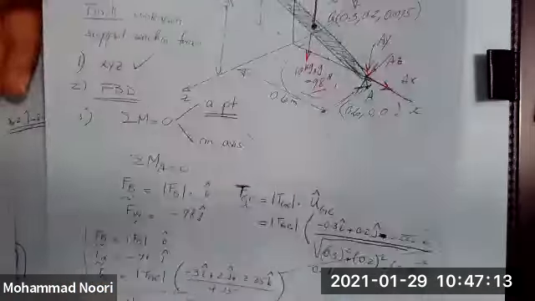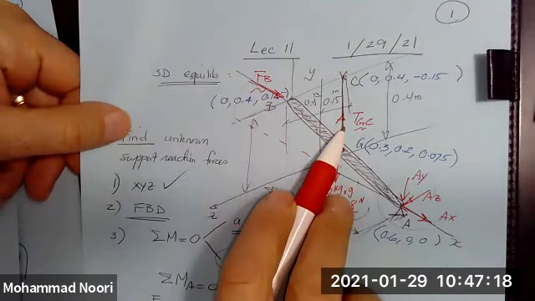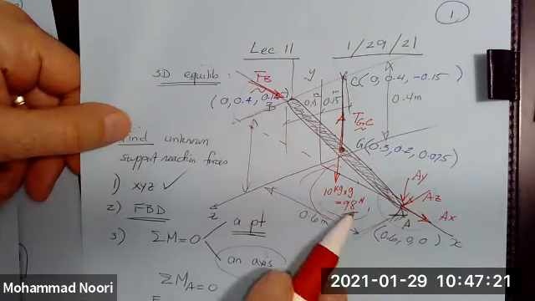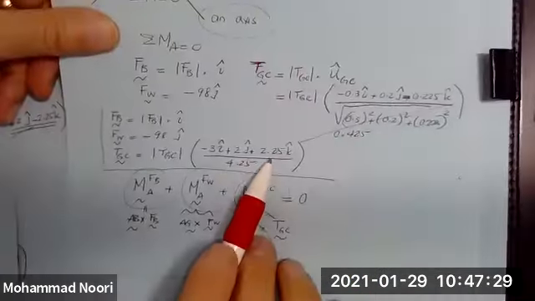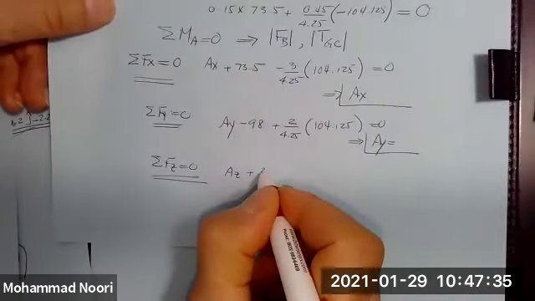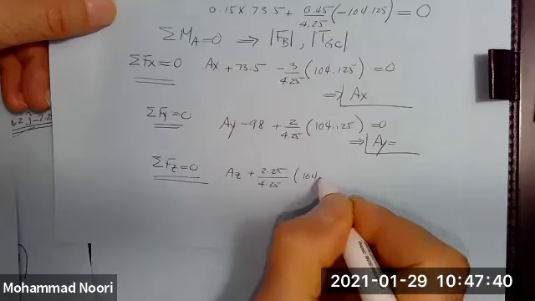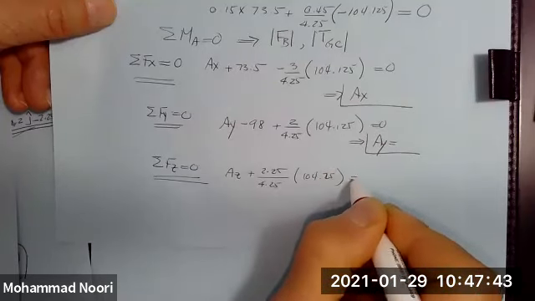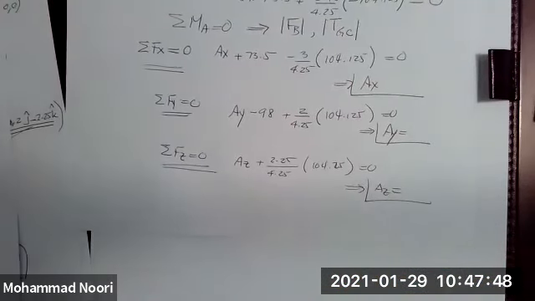This one doesn't have a Z component. This one doesn't have a Z component. You have only a Z component coming from here. So you have AZ plus the Z component of this force. What is the Z component here? 2.25 divided by 4.25 times 104.125 is equal to 0. That'll give you AZ. So you found all the unknown forces.